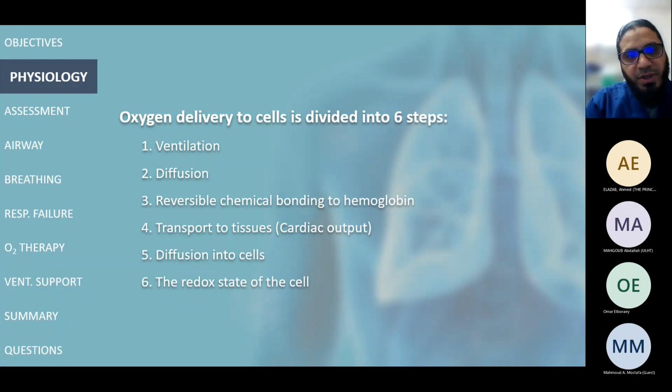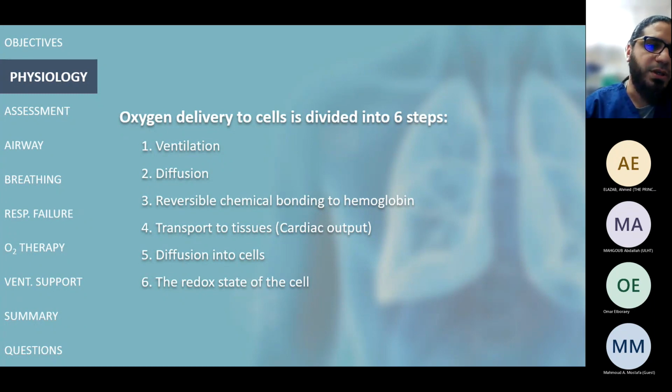In this session, we will be mainly concentrating on the first step, which is the ventilation. So ventilation means the movement of oxygen with air from the atmosphere all the way through the airways down to the alveoli.